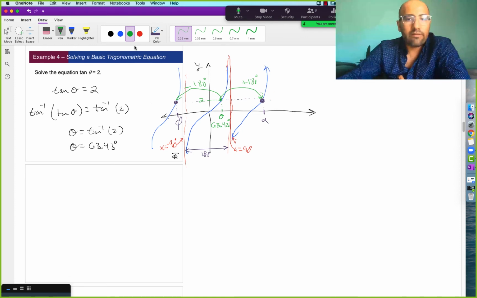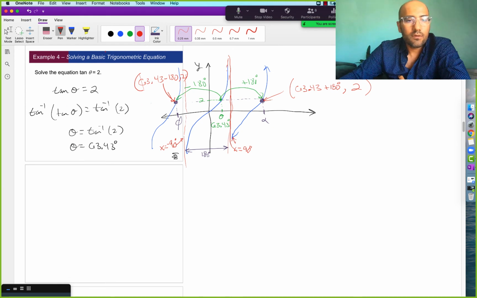So if I wanted to write down the ordered pairs of this point right here, this point has the ordered pair of 63.43 plus 180 degrees, comma, 2, right? The output is definitely 2. Good. And this point over here is 63.43 minus 180, comma, 2. Good.